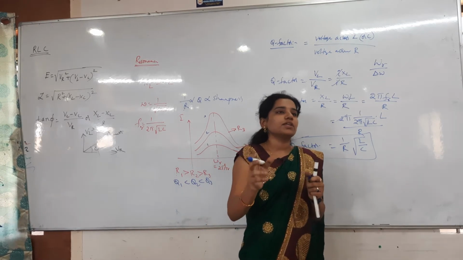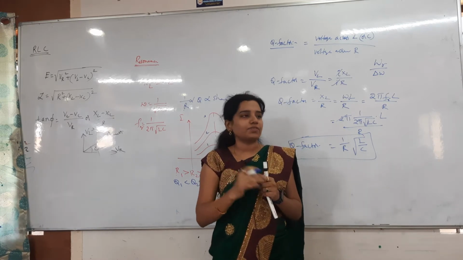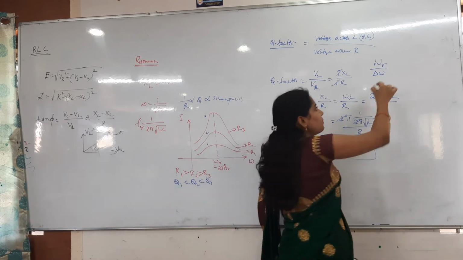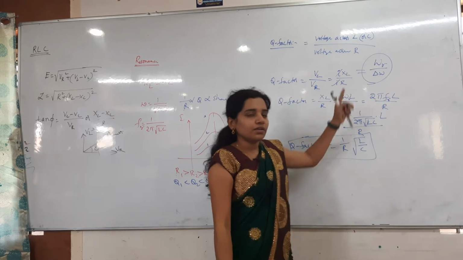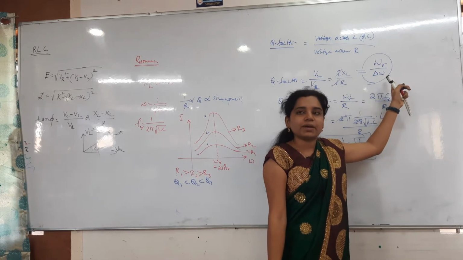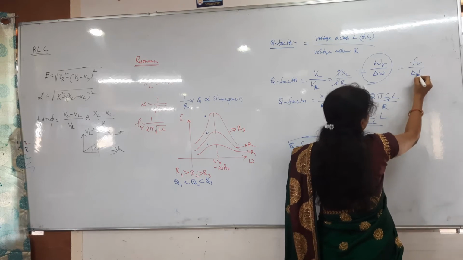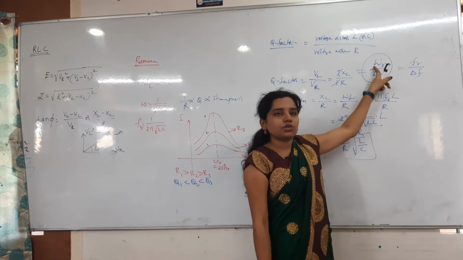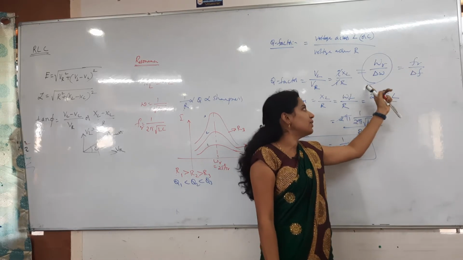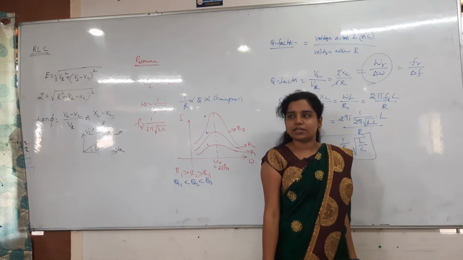Those frequencies give half of the power, so we call them half power frequencies. We will discuss that in the power concept, but this is another formula for the Q factor: resonance frequency by bandwidth. I can even write this as FR by delta F. Why? Omega is 2 pi into FR, divided by 2 pi into F2 minus F1. So we get FR by delta F.